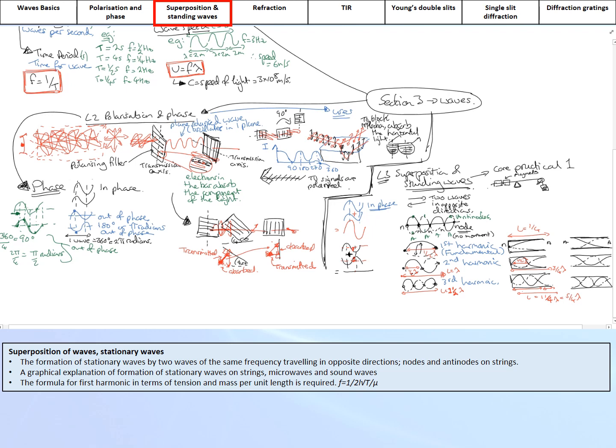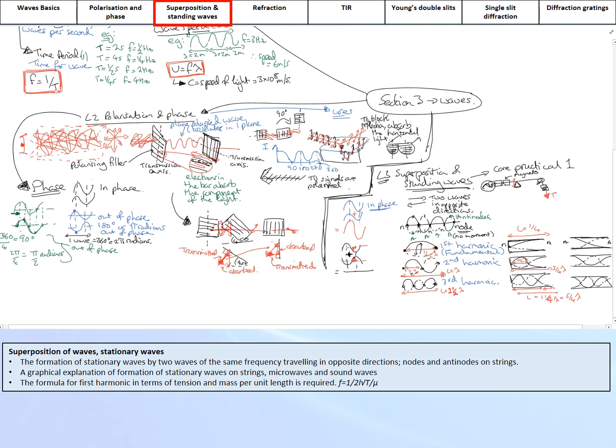And that was all hooked up to a power supply, which was an alternating current power supply there. And that caused the wire to vibrate up and down. And you could increase the tension on the wire here.